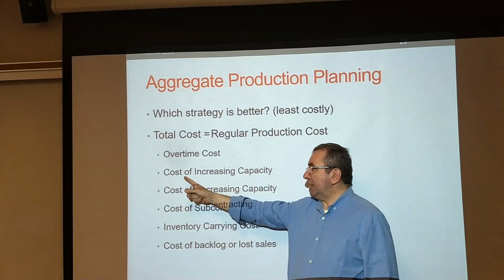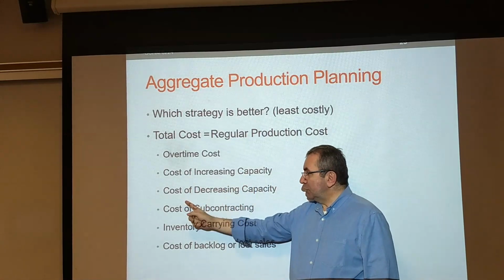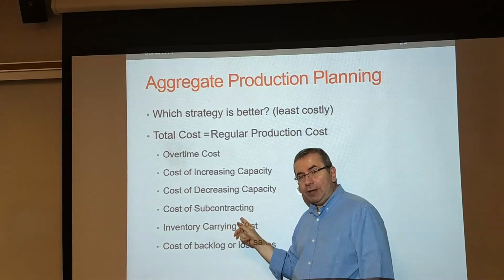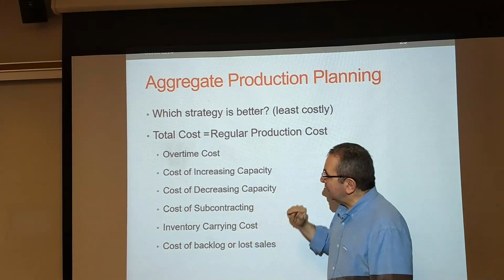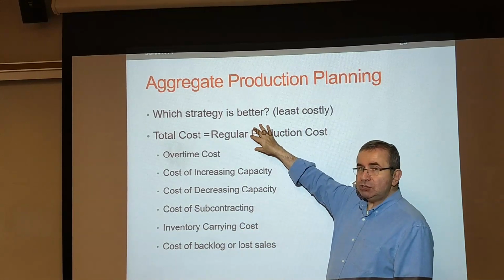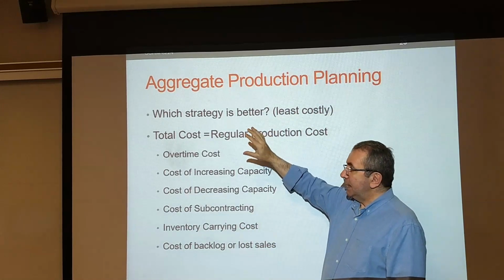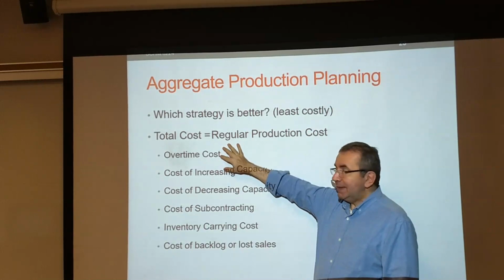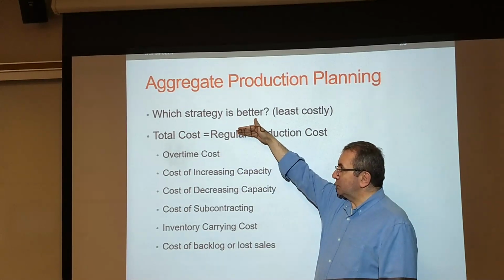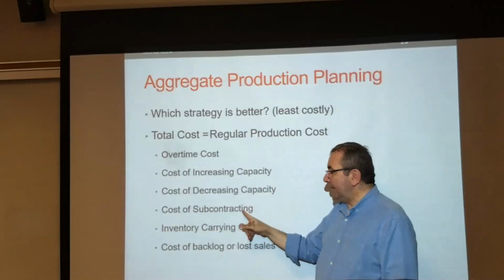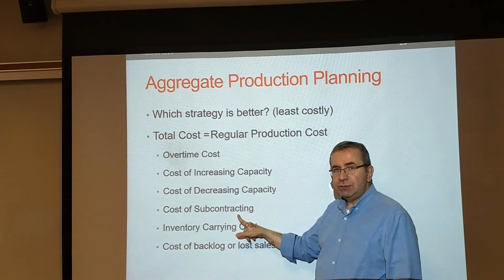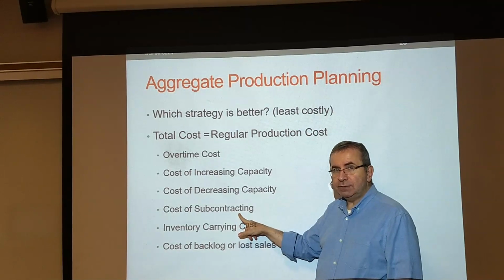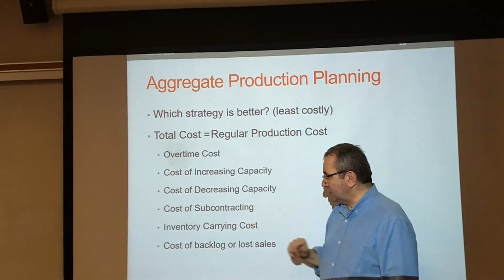There's the cost of increasing capacity, there's the cost of decreasing capacity, there's the cost of subcontracting. This means that your regular production is not enough, and when you do overtime, still not enough. Whatever you cannot produce during regular and overtime, you outsource to a contract manufacturer. Basically, you're subcontracting.